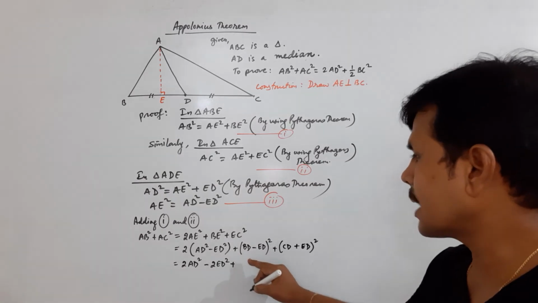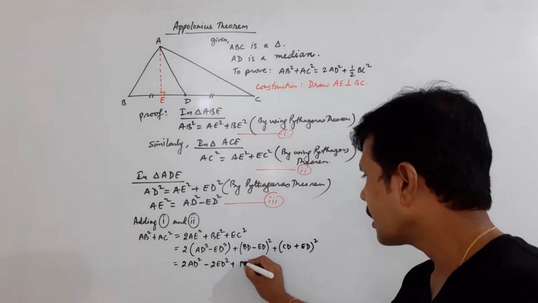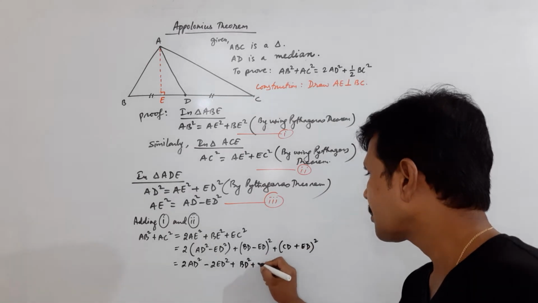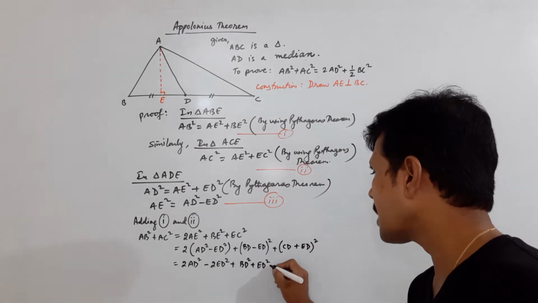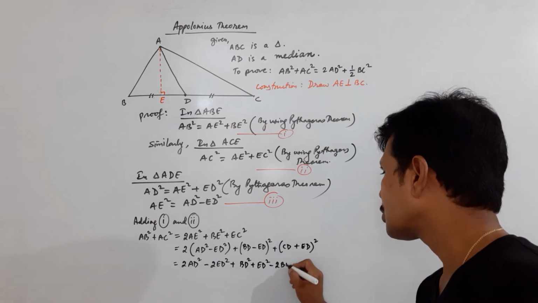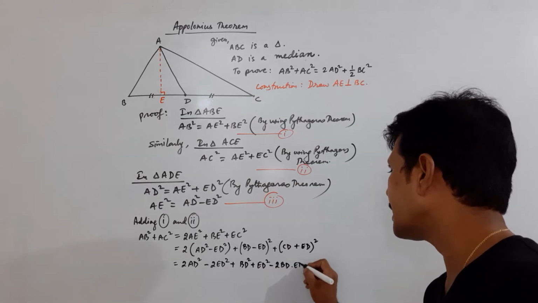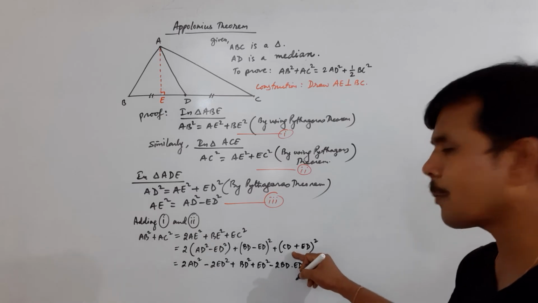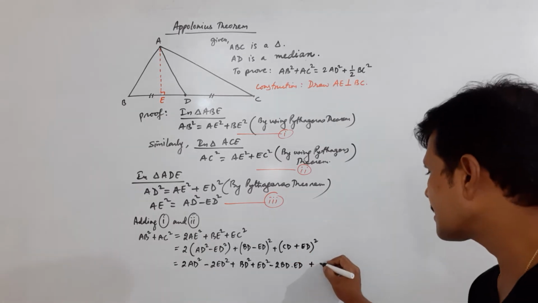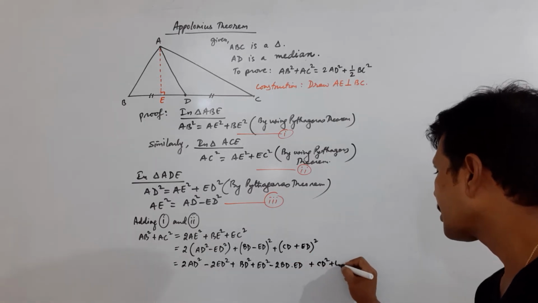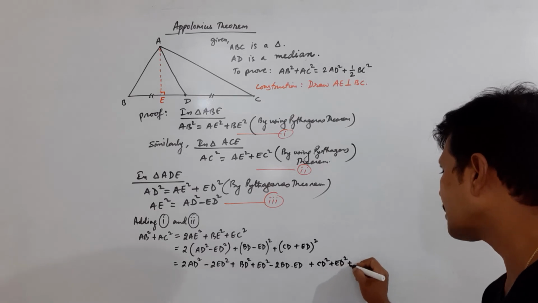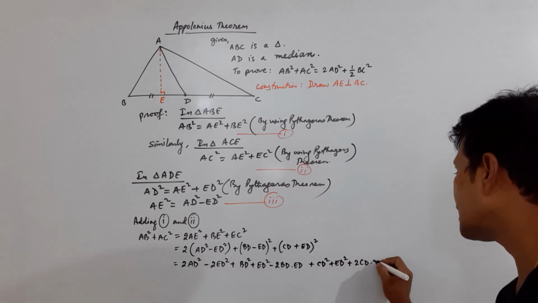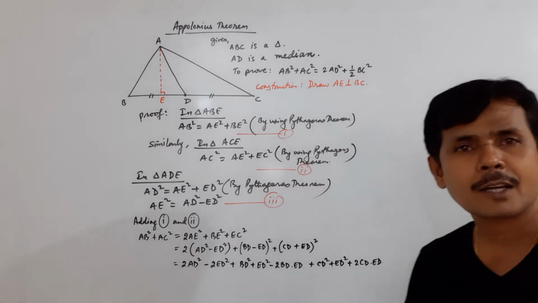This is equal to BD square plus ED square minus twice BD into ED. Now we will expand this: this is CD square plus ED square plus twice CD into ED.